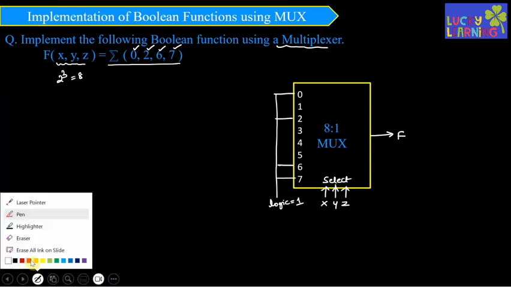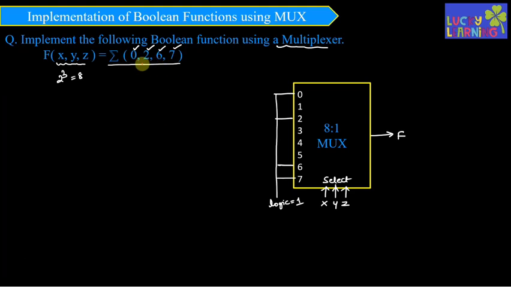And look at the other inputs. For other inputs, meaning other minterms, the value of the function should be 0, right? So these other minterms are to be connected with logic value 0.